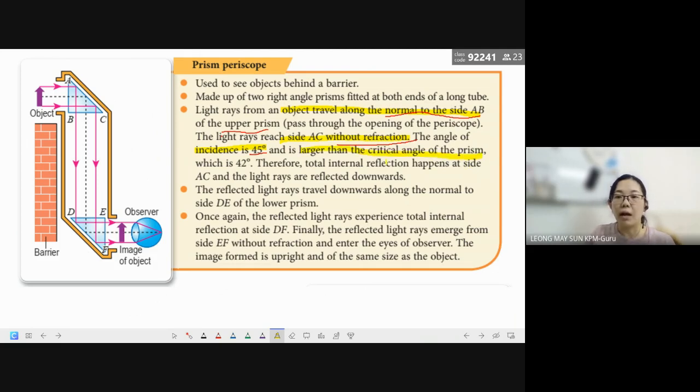Therefore, total internal reflection happens at the side of AC and light is reflected downwards. That's the third mark. The fourth mark is, once again, reflected light rays experience total internal reflection at the side DF. And finally, the reflected light emerges from EF without refraction and enters the eye of the observer.